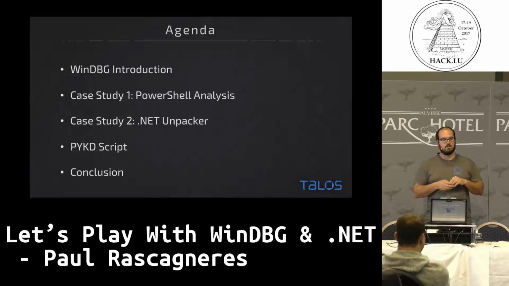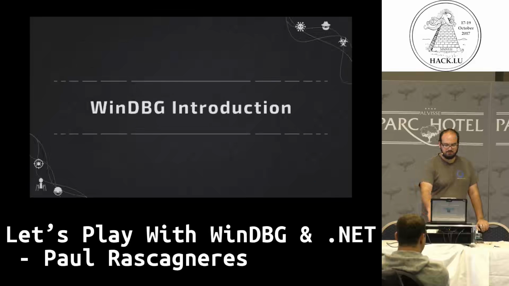I decided to understand how to debug .NET with WinDBG to be able to automatically extract, I don't know, configuration or stuff like that. And I will present you how you can do that.